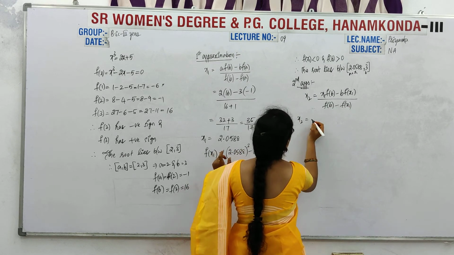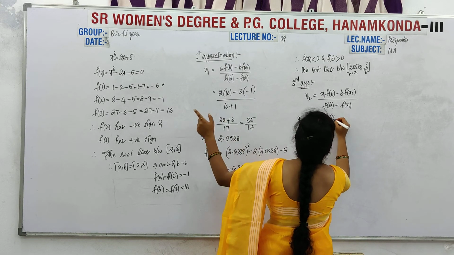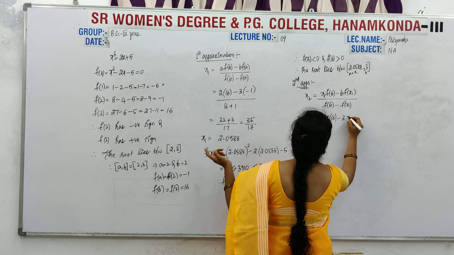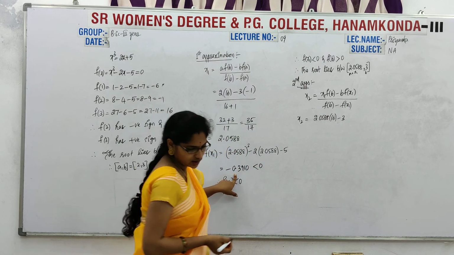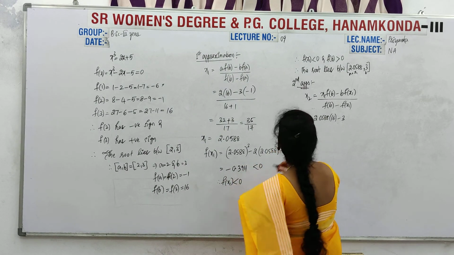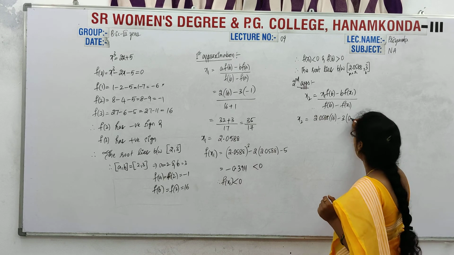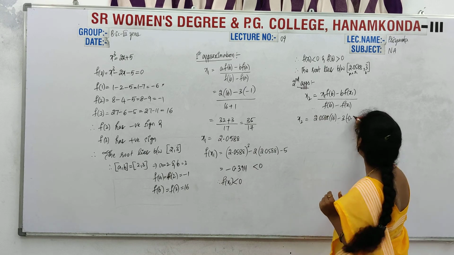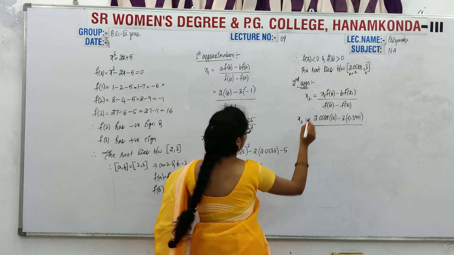Now x2 equal to, what is x1? 2.0588. f of b is 16, minus 3 into f of x1, which is 0.3910. I am taking it as minus 0.3911, whole divided by f of b minus f of x1.